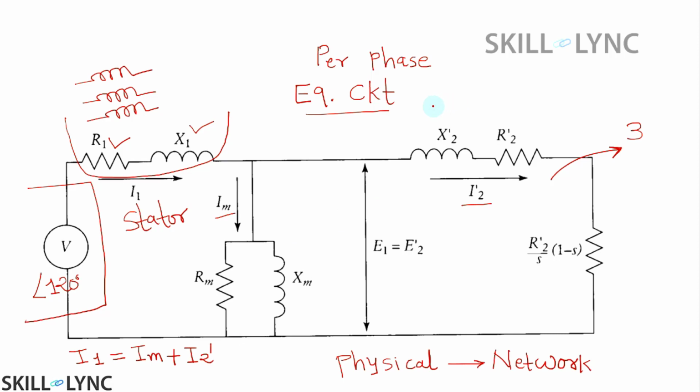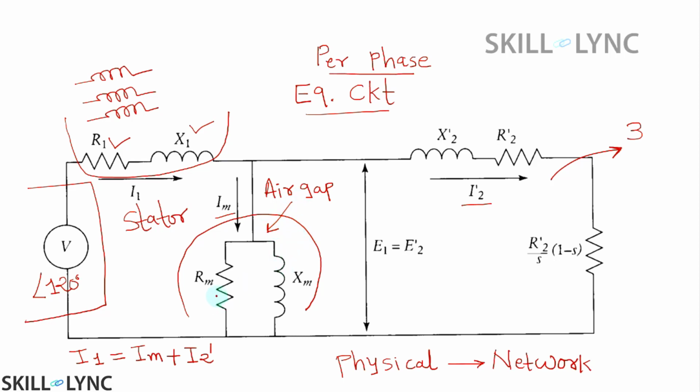This is the per phase equivalent circuit of the entire motor, with the stator part and the supply section. Here you can see the air gap and the magnetization. This section is modeled as the behavior of the air gap. There is a minor air gap of a few millimeters between stator and rotor, and these two parameters represent the effect of that air gap.